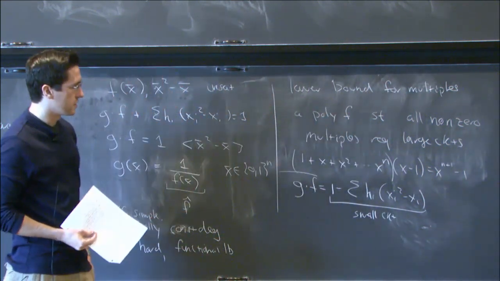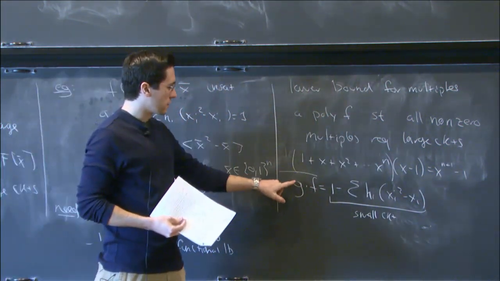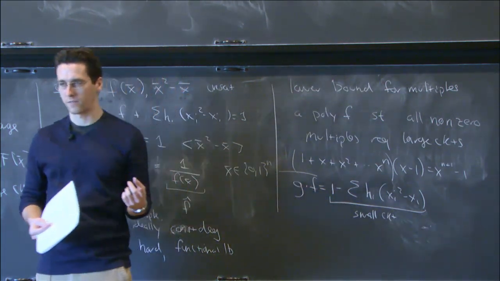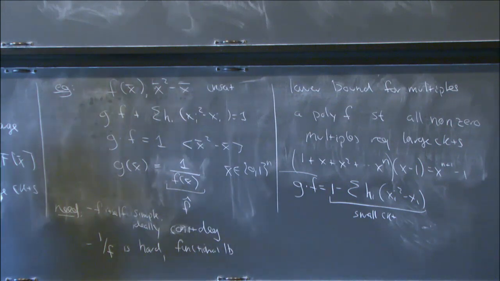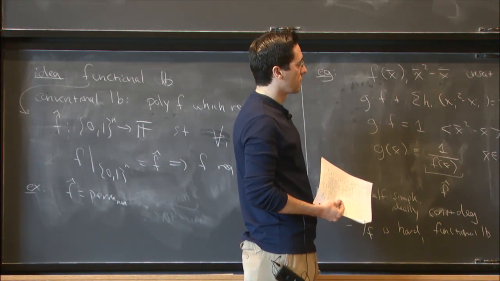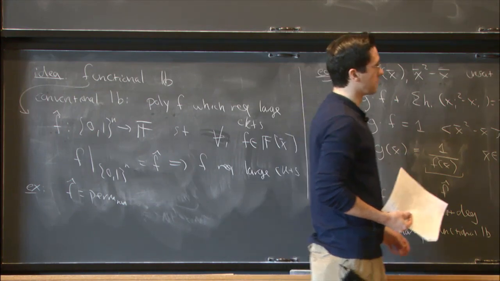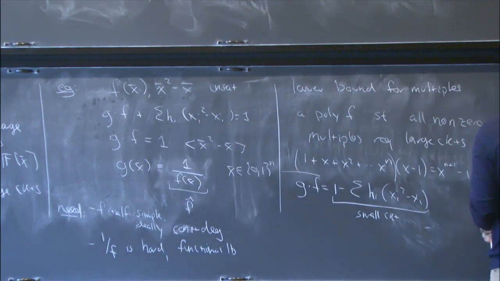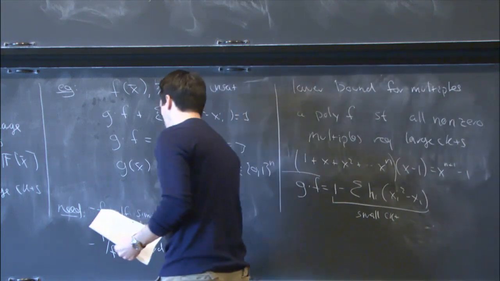And so what this is saying is that there is some multiple of f that has a small circuit. So if it was the case that all multiples of f required large circuits, then there can be no small IPS proof. Okay. So that's where I'm going to leave it. But there's this natural question, which Ron asked me during the break.